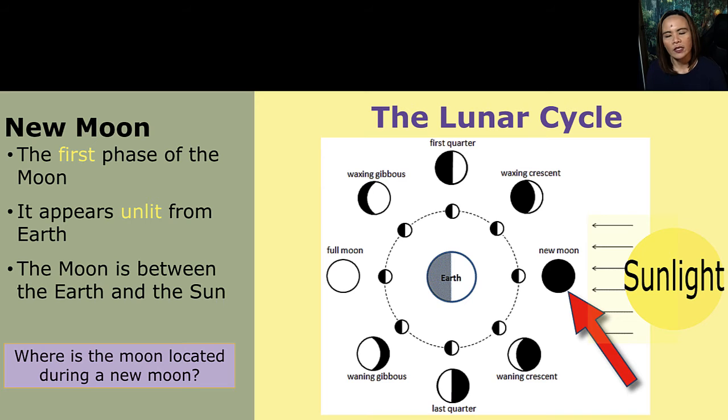Sometimes it's kind of confusing on this diagram, but I just wanted you to make sure that you know that the inner circles represent looking at the Sun, Earth, and Moon from space. So that's pretty much it. I want you to answer this question: where is the moon located during the new moon?